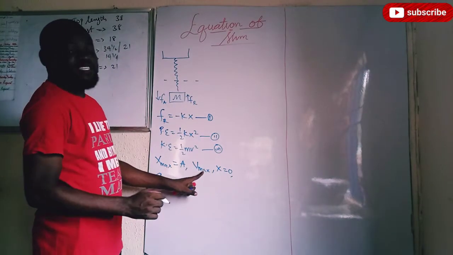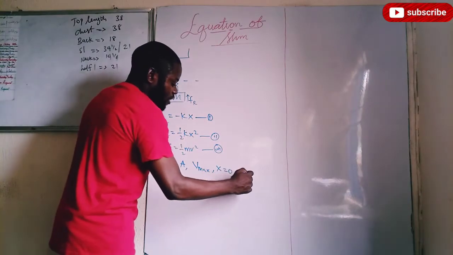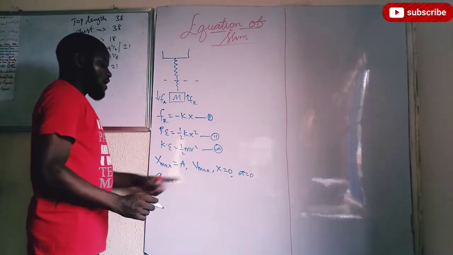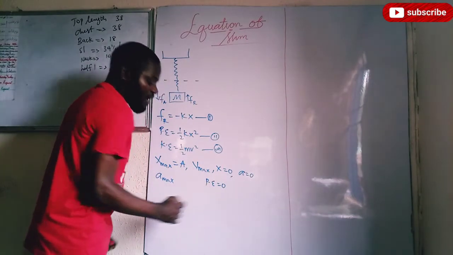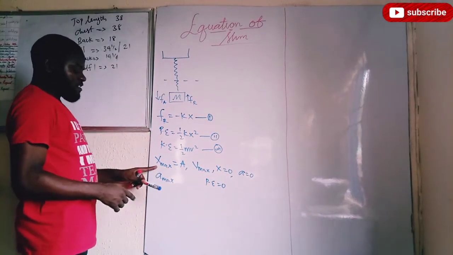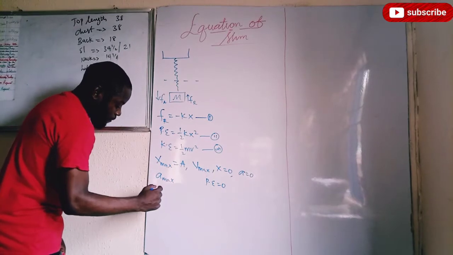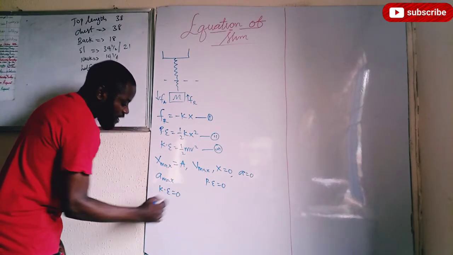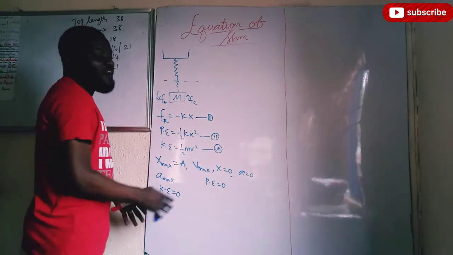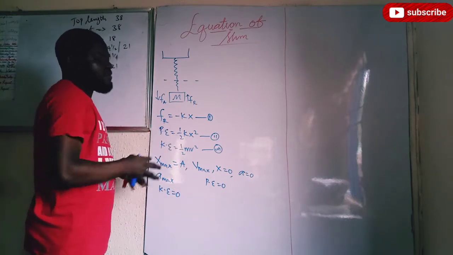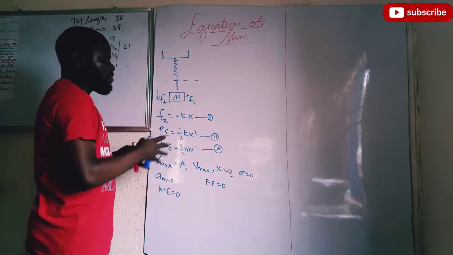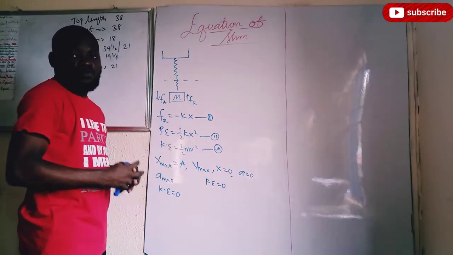So when velocity is max, acceleration is actually what? 0. And maximum velocity results in 0 potential energy, and maximum displacement results in 0 kinetic energy. These are little facts that you need to understand before we proceed with the derivation of what? The equations.